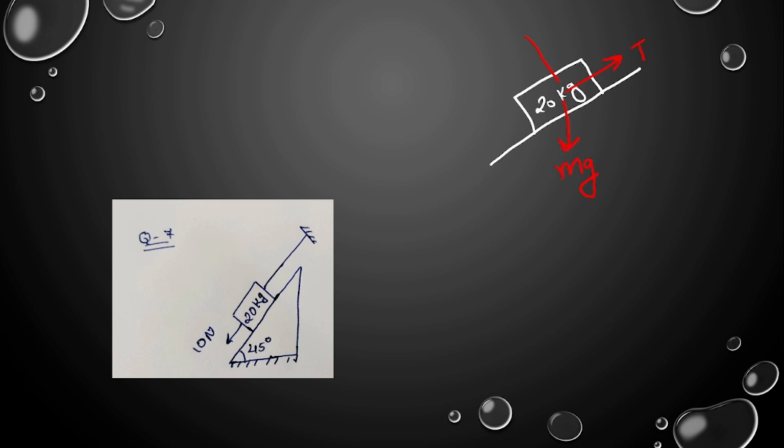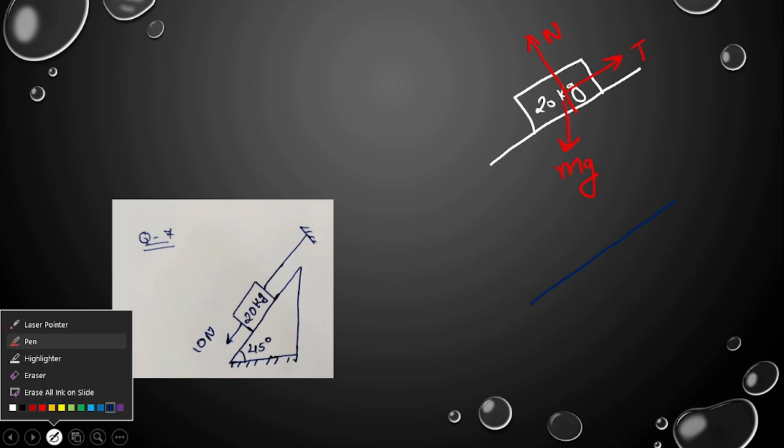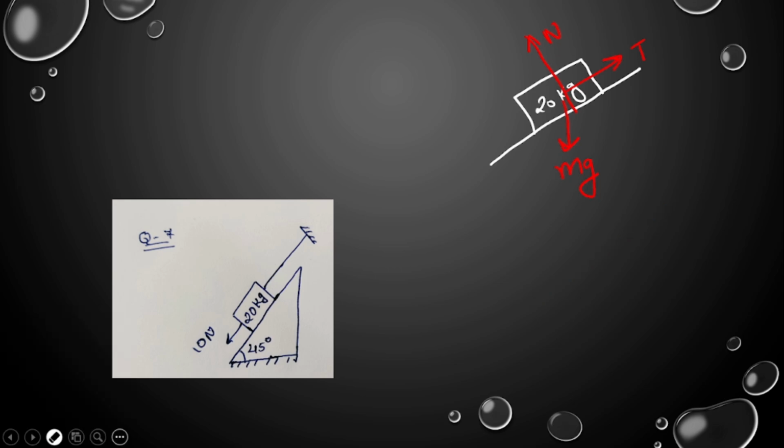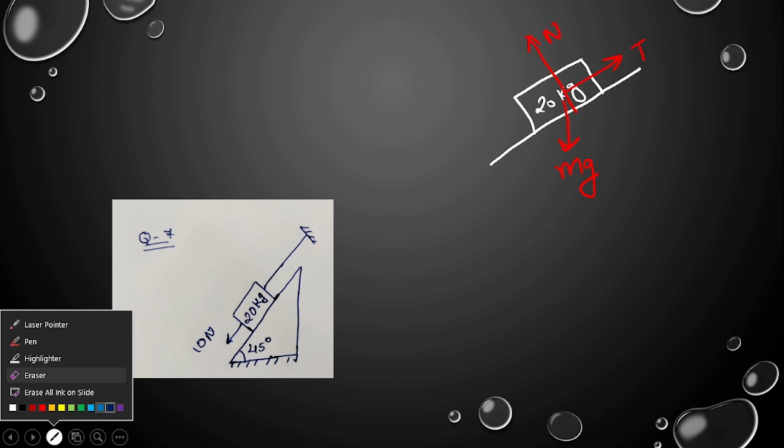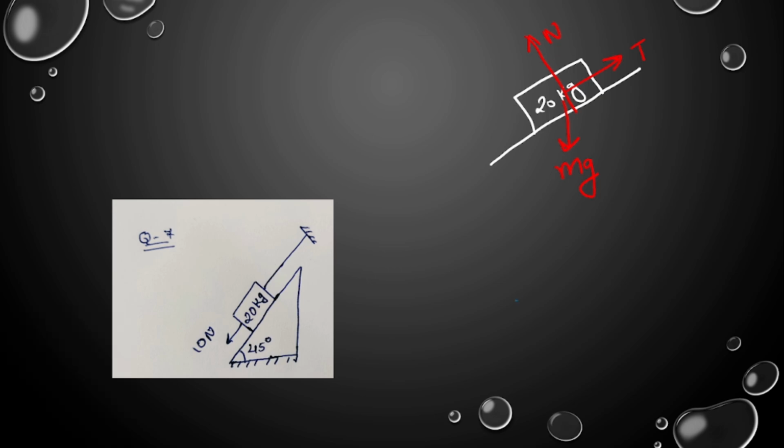tension and normal. Again draw two lines. Not much good color choice. One, two. Tension is in this direction.